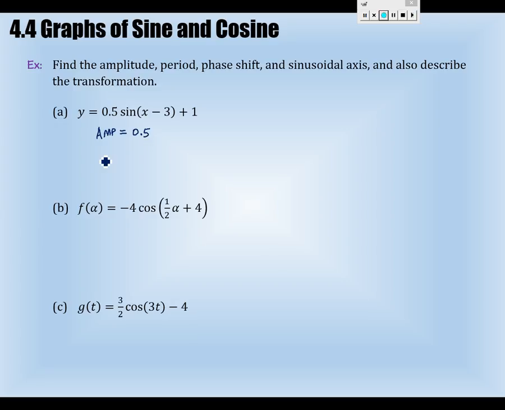Keep going. It is still 2 pi. We haven't messed with it at all. Yeah, let's clarify by saying right. I like that. Keep going.